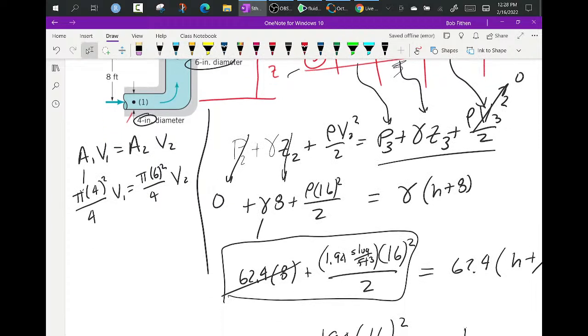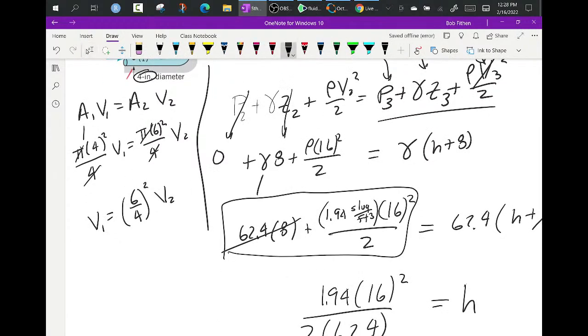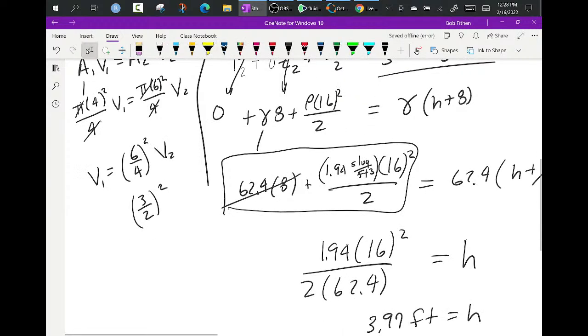If I want to, I can cancel this and this, and this, and then I can say V1 equal to 6 over 4 squared times V2, moving the 6 over here and taking the 4 under. Then I can basically say it's 3/2 squared, or 9/4 V2.